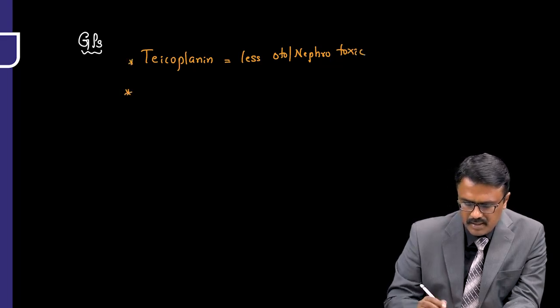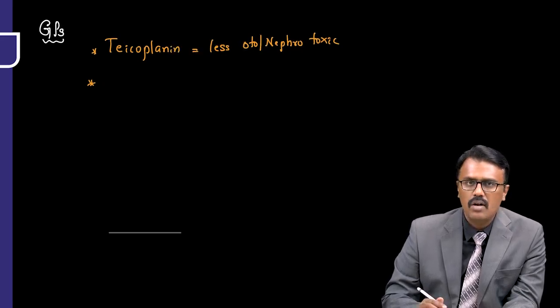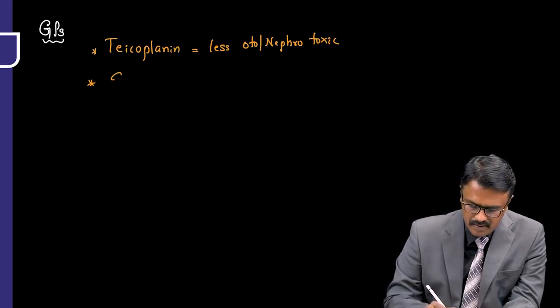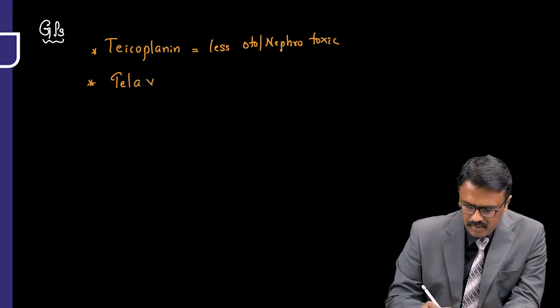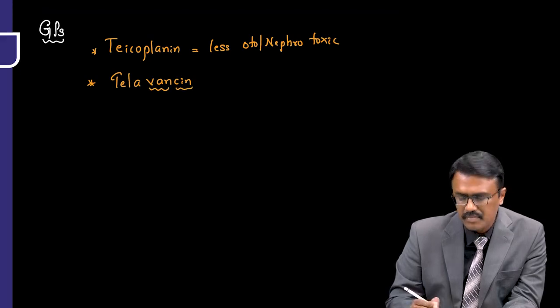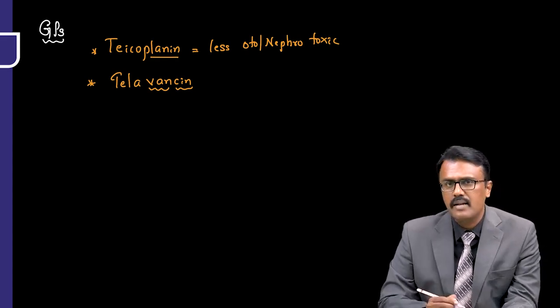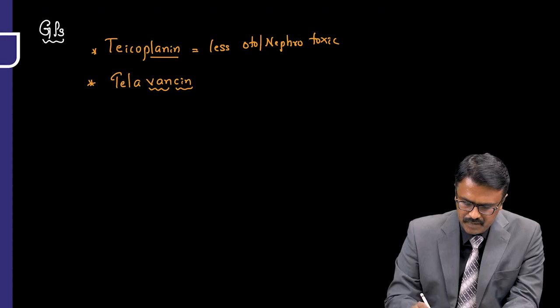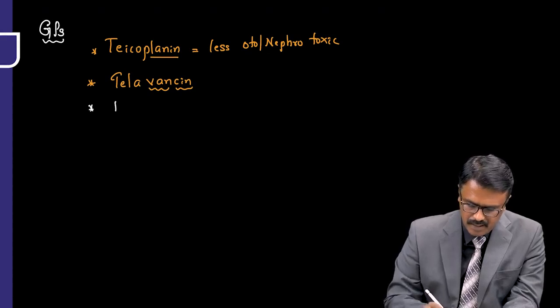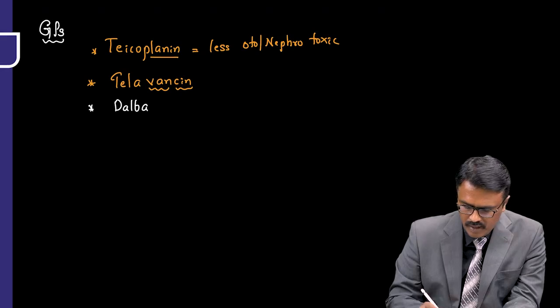The other drugs all end with vancin, for example, telavancin. So they have taken the name vancomycin and kept it for other drugs except teicoplanin. The other drugs carry the same vancin. Then we have dalbavancin.